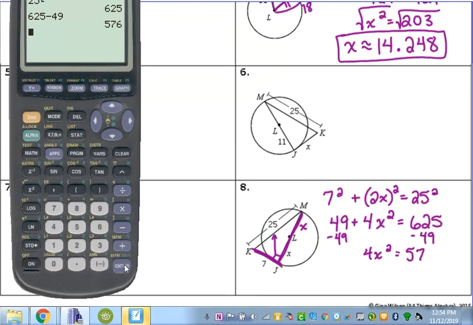That's 576. Divide by 4. X squared is equal to 144. So that means x is equal to 12. The square root of 144 is 12.